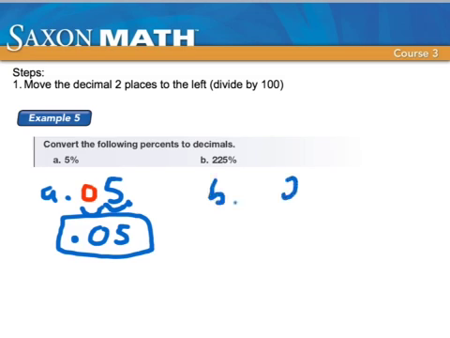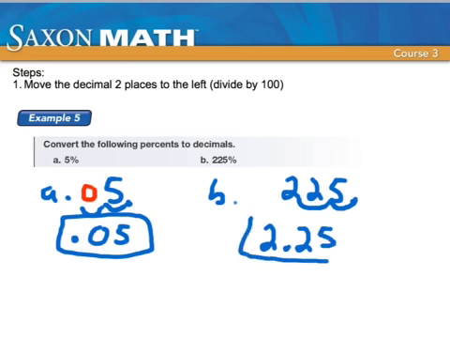Part B, 225%. Again, with 225 we put the decimal at the end, and we move it 2 places to the left. Once, twice. Now my decimal is in between the 2 and the 2. 2.25. That's all there is to it. Okay, let's go on to more examples.